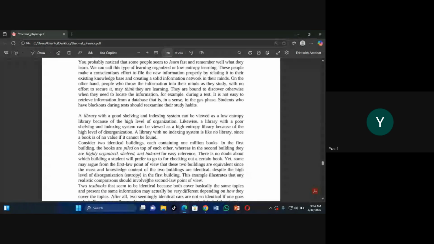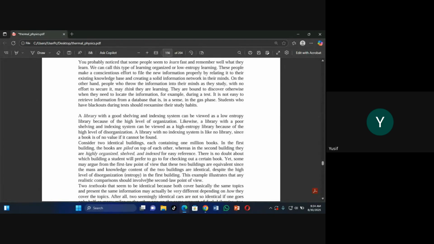Why? Because when you take the first one, where the items were well arranged, to locate a book it can take you just a few minutes, hence it has low entropy. But when you go to the second room where the books have been scattered, piled on each other without proper indexing or arrangement, you can take the whole day looking for that same book.